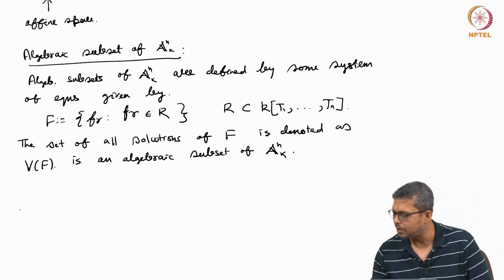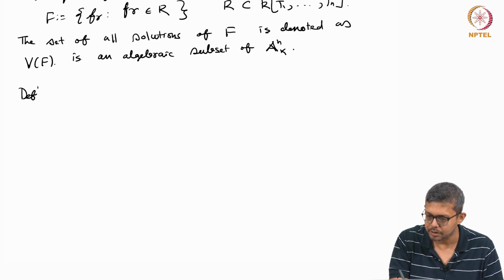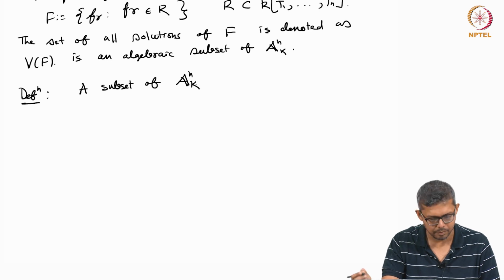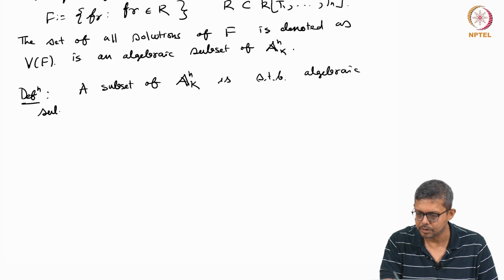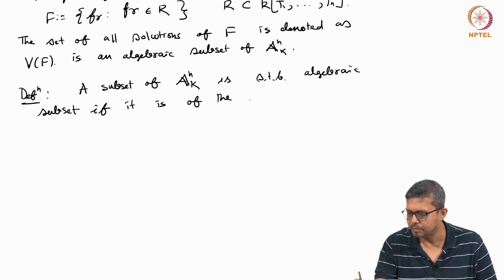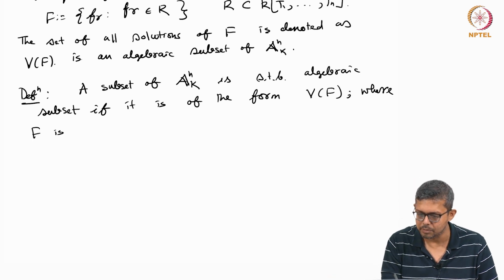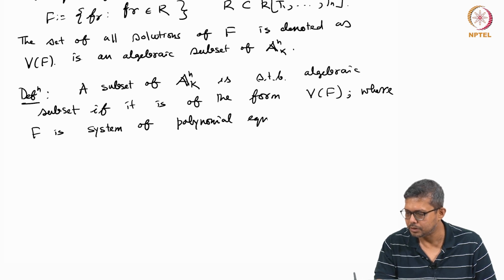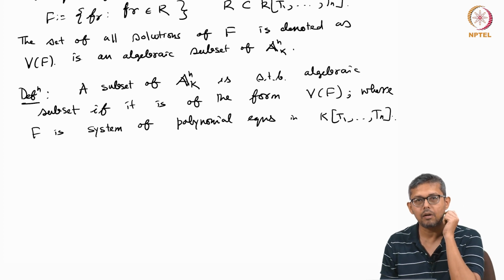If I write it in definition language, a subset of A^n(K) is said to be an algebraic subset if it is of the form V(F), where F is a system of polynomial equations in K[T1, T2, ..., Tn], and K is a field.